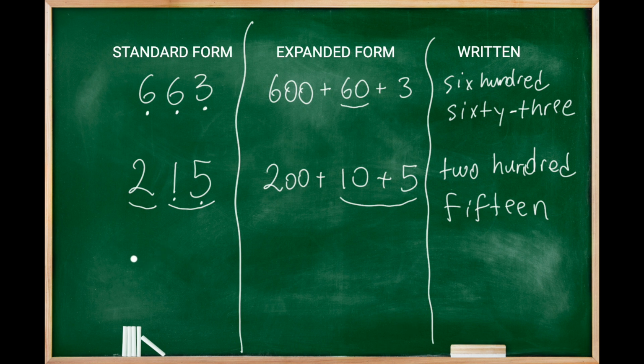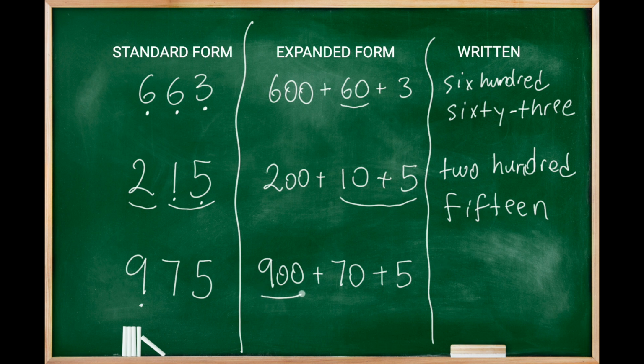Well, let's do another example. 975. We have 9 hundreds in this number. 9 hundreds plus 7 tens make 70, and 5 ones make 5. We write this number from left to right. We write this one first, 900, and we read the next 2-digit number.